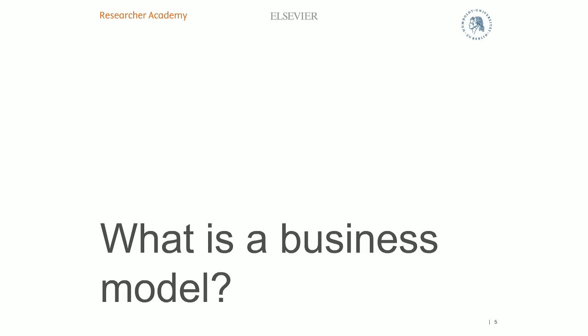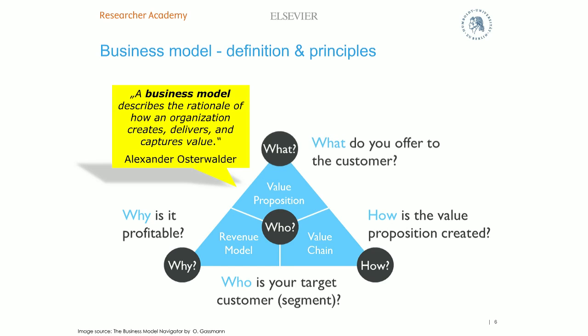What is a business model? This is the basis for business development, understanding what a business model is. Of course, there are many definitions and perspectives, like in any field. I guess you know this, but I've picked one which I found especially useful to understand the basic principles.